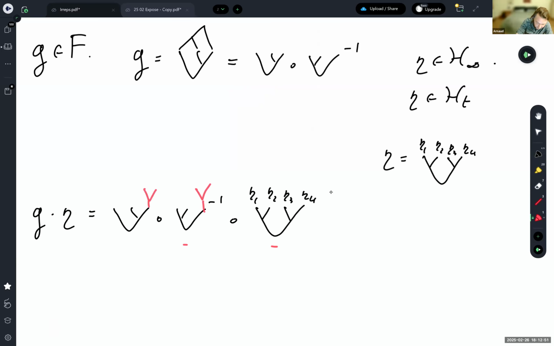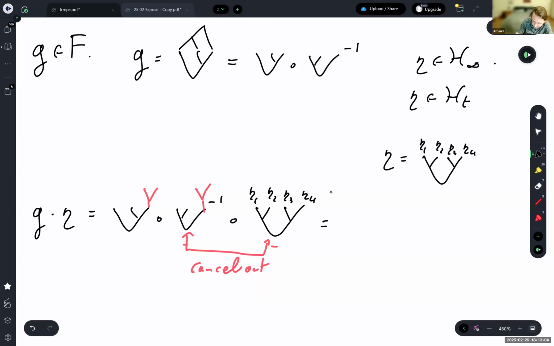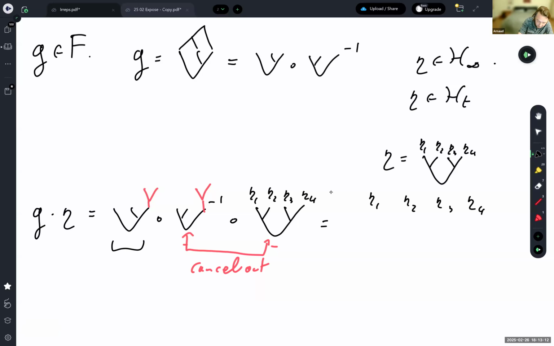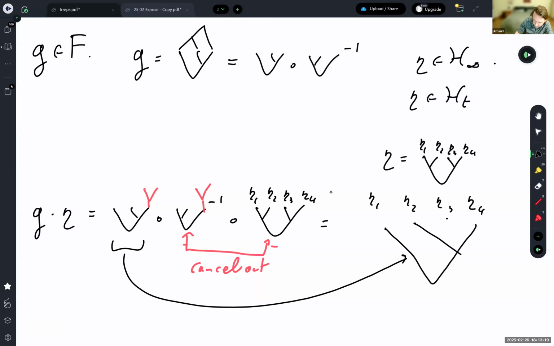Now these two cancel out, and so this gives me, I keep my decoration on top, but I change the tree below. I'm going to take now this guy. And that's the action, and that's a unitary representation.